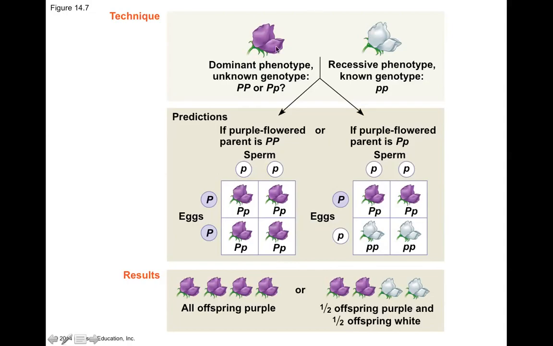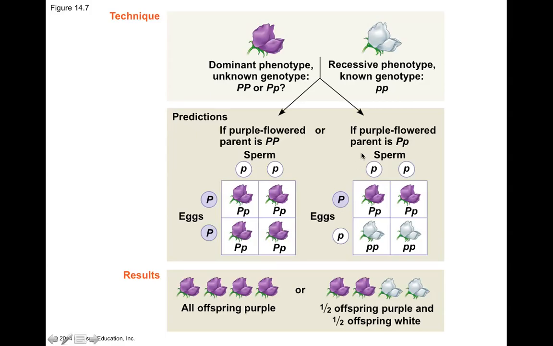So how that would work is you have a purple flowered plant, and you want to know, is it homozygous dominant or is it heterozygous? You can do a test cross with a known recessive white flowered plant, and if it is PP, big P, just like the first experiment, you expect to see all purple flowered plants.